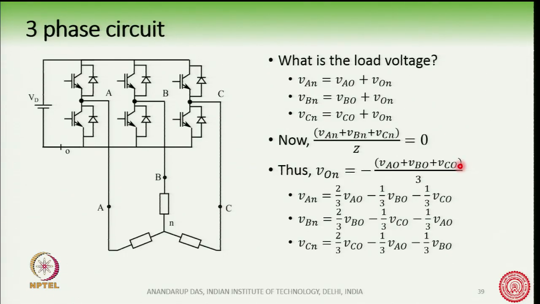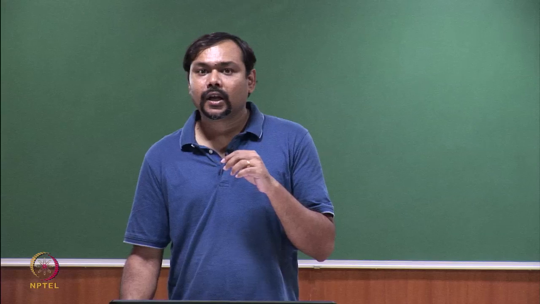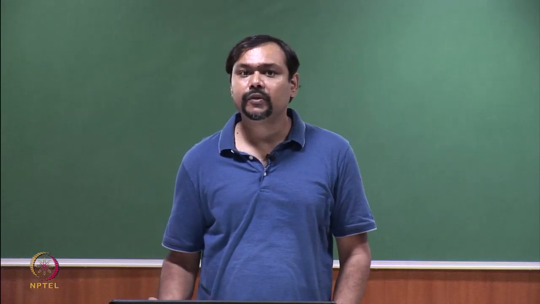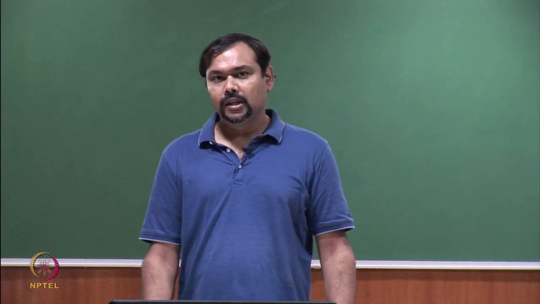But here in this converter, the instantaneous sum of pole voltages is not equal to 0 for all of the switching states, and therefore, a common mode voltage exists between point O and N.